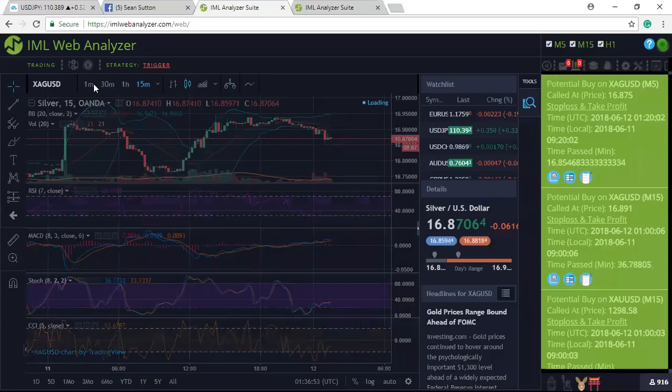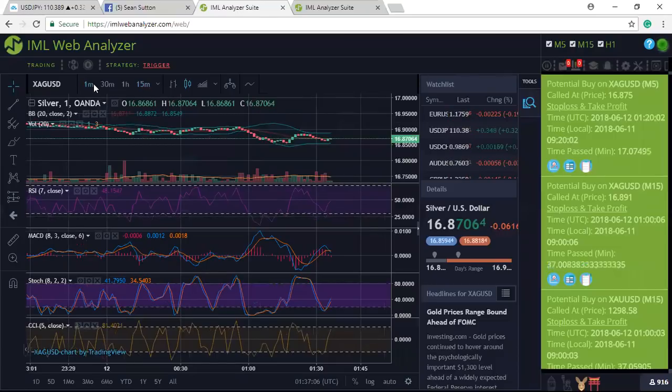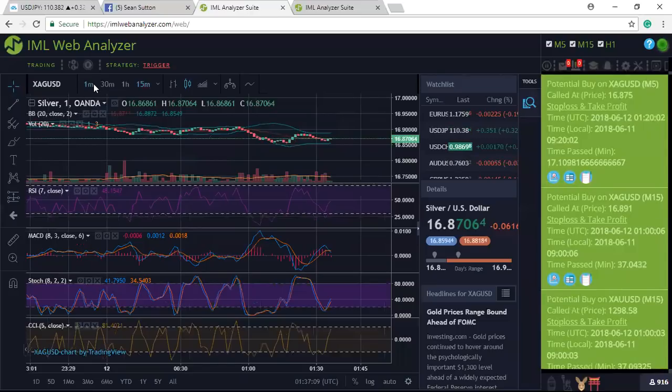Let me pull it up on my phone and check it out, see how it looks there. That'll let me know, because I like to trade from my phone. So it's not looking good there. No bueno. No trado.